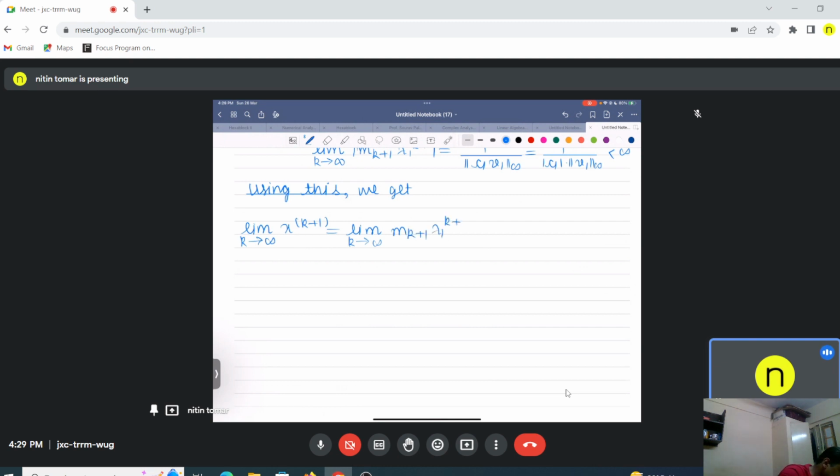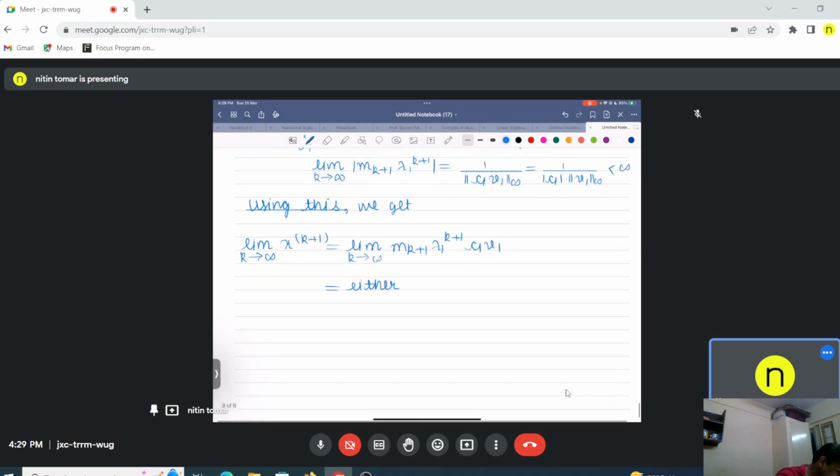This is the definition. So it is either plus or minus this vector, or it oscillates between these two vectors.